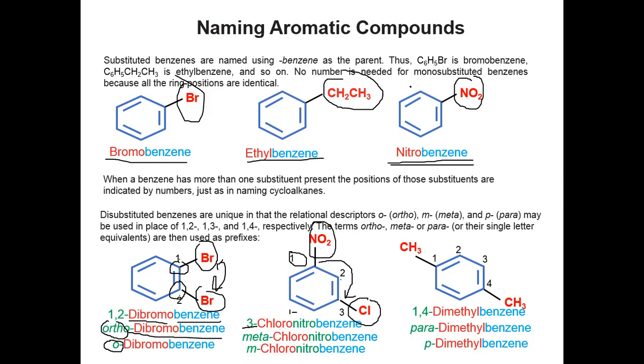But since nitrobenzene is like a separate molecule, people usually don't write the 1, so it's just 3-chloronitrobenzene. At the same time, now see the name has changed from ortho to meta, because the 1,3 position is meta, or the same as m. So it's meta-chloronitrobenzene or m-chloronitrobenzene.